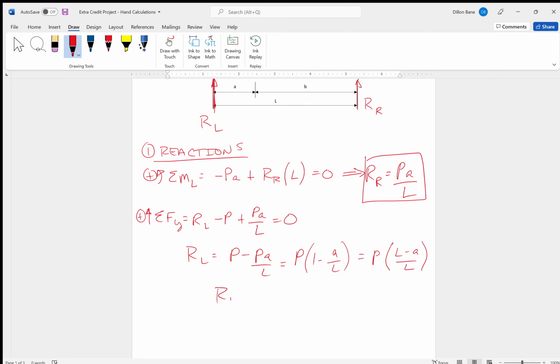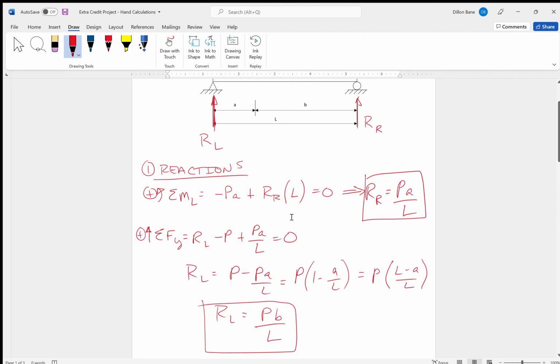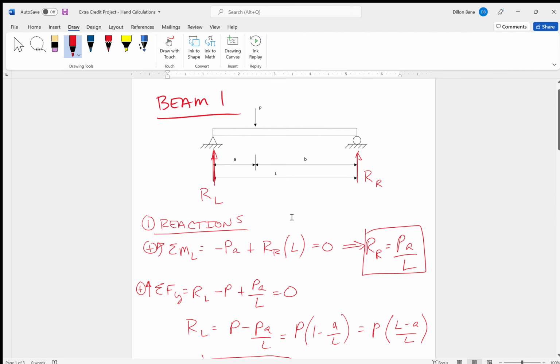So reaction left then is equal to PB over L. Okay, so those are my reactions in terms of my parameters, P, A, and B, and then L just equals A plus B.